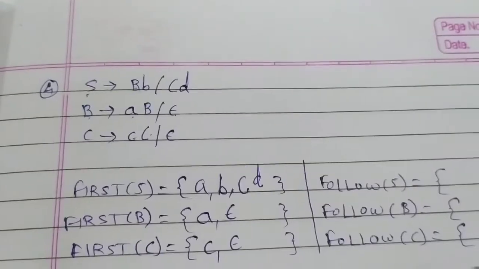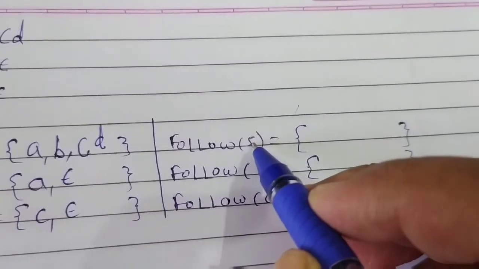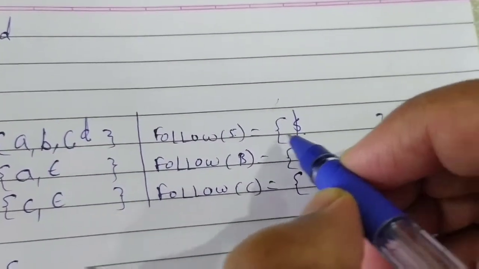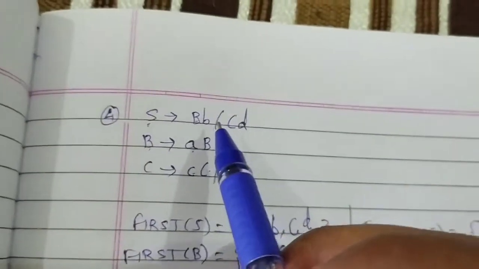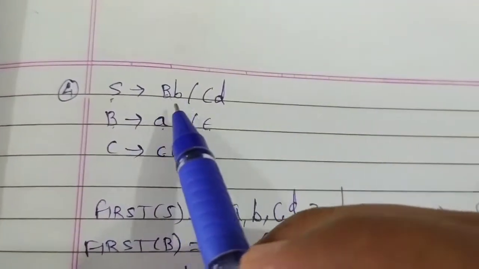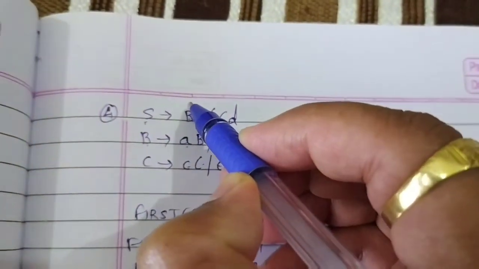Now we will find out follow for this example. So again S is a start symbol. So the first terminal following S is dollar. Now there is no more S on the right hand side, so that will be the only terminal following S. Now for B. So where is capital B? Here. So who is following capital B? Small b.